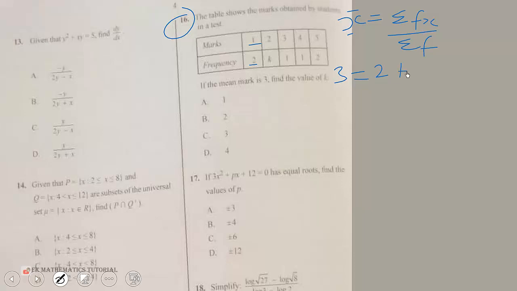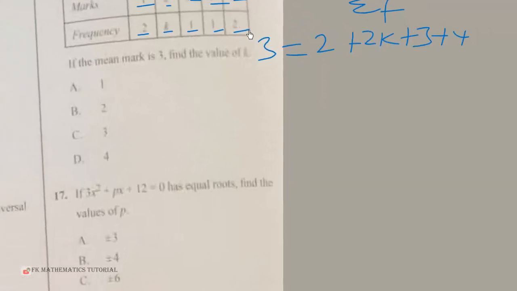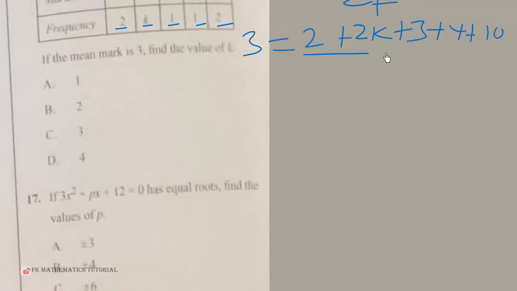Then we sum them. 2 times this, 2k. Then this times this is 3. And this times this is 4. And this times this is 10. All over summation f. So this plus this plus this. So this plus this is 3, plus this 4, plus this 6, plus this 6 plus k.